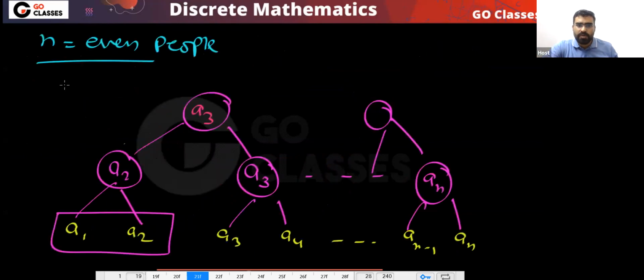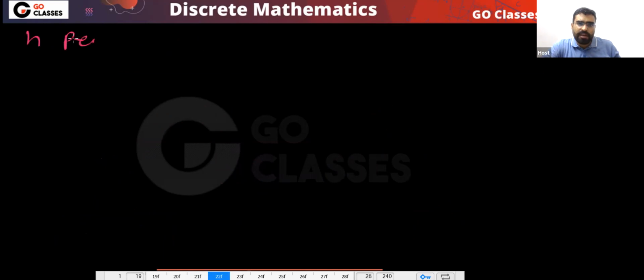Very simple. Okay, so if you have n people, tell me one thing: how many leaves will be there? If you have an n people chess tournament, an eliminator tournament like this, how many leaves will be there?